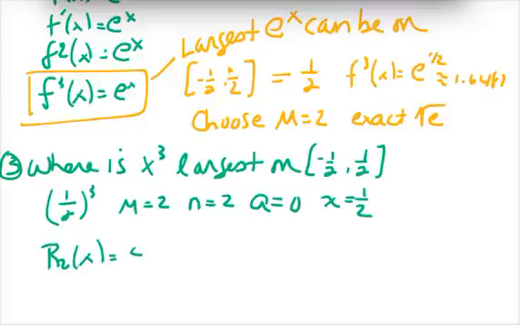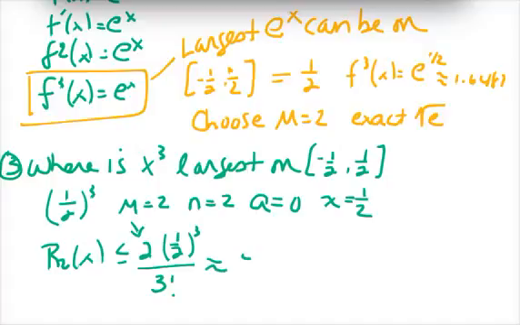is got to be less than or equal to 2, which is m, times 1/2 cubed, which is the largest that x cubed can be, over 3 factorial, which is approximately equal to 4.17 times 10 to the negative 2.